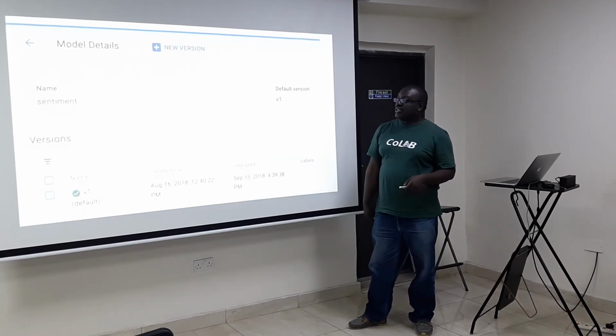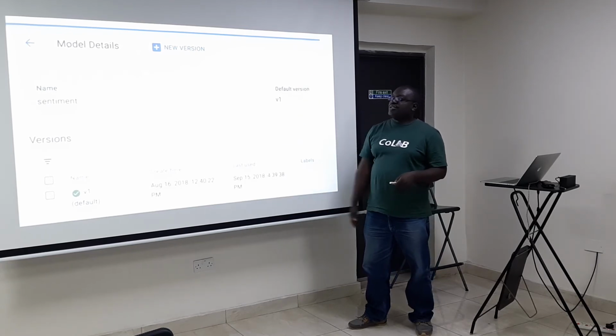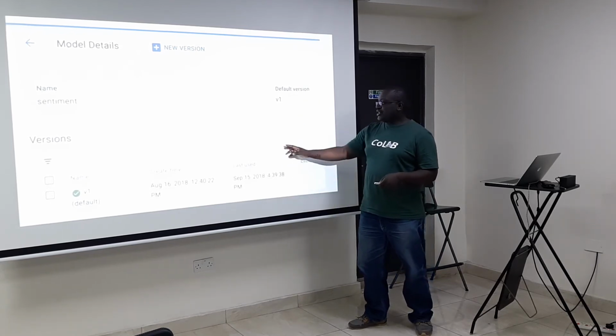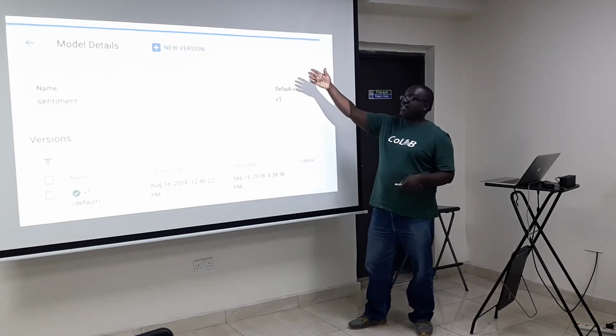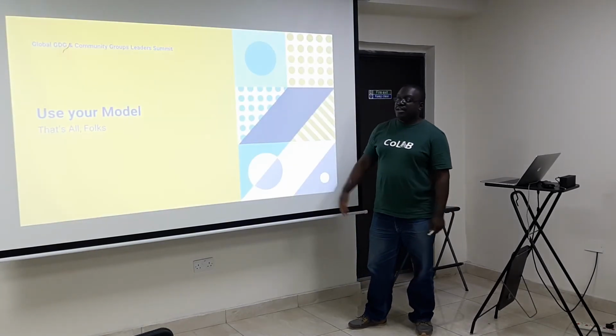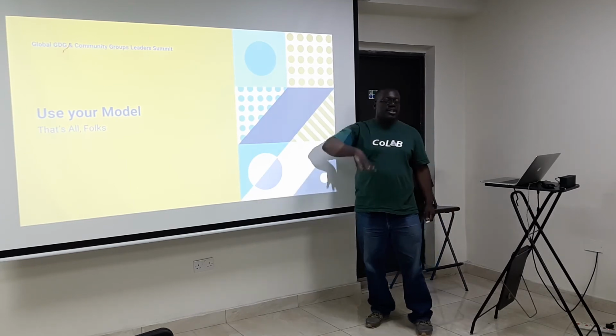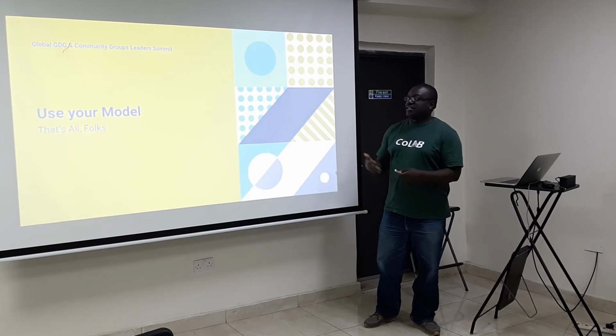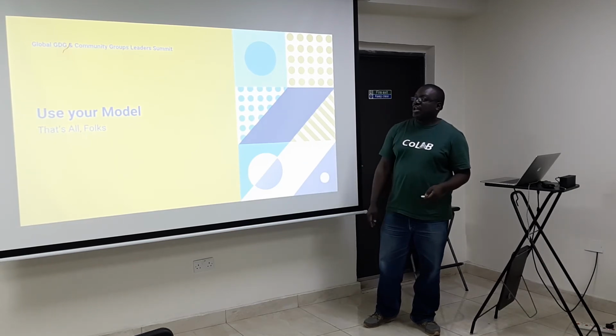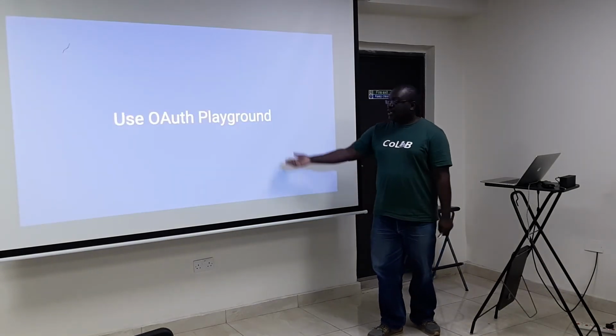And once you have a model, you can then create a new version. As you can see in this example, I already have one version deployed, and I can add a second version, and I can say new version, and fill in on the form the same details that I would have passed in online. And that's it. You are then able to use your model.